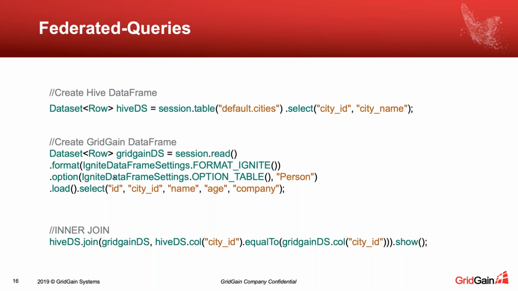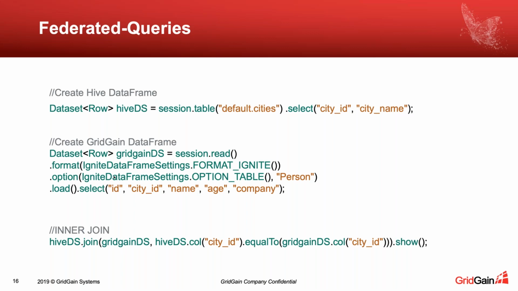Like on this screen, from the API standpoint, it's pretty simple. The first line of code shows that Spark connects to an existing Hive table, cities. Then the next four lines are how Spark configures and defines several options so that it can connect to GridGain.